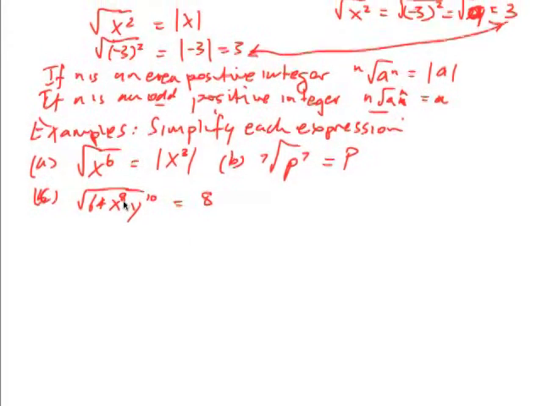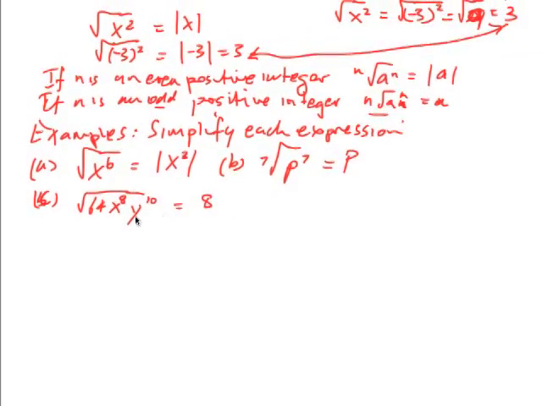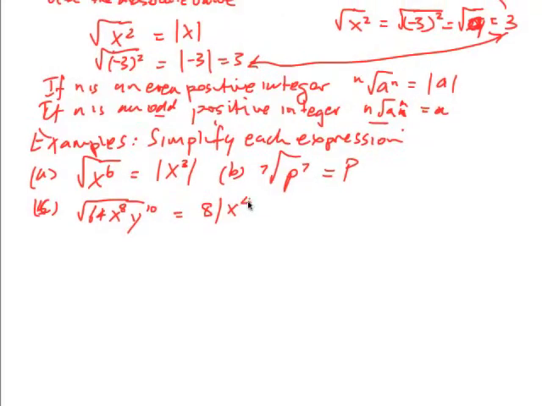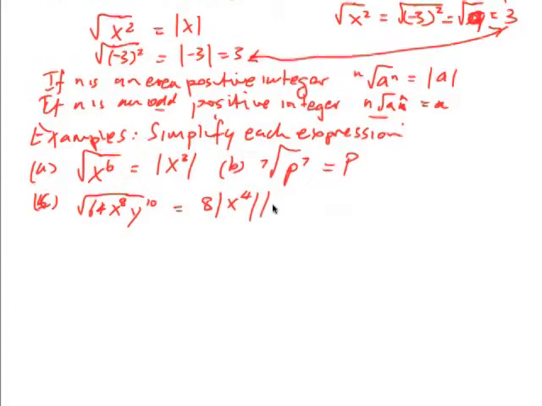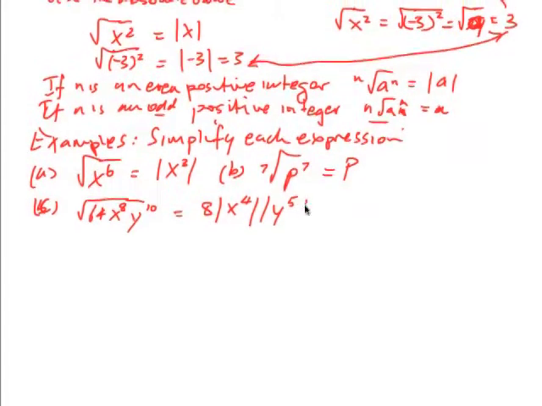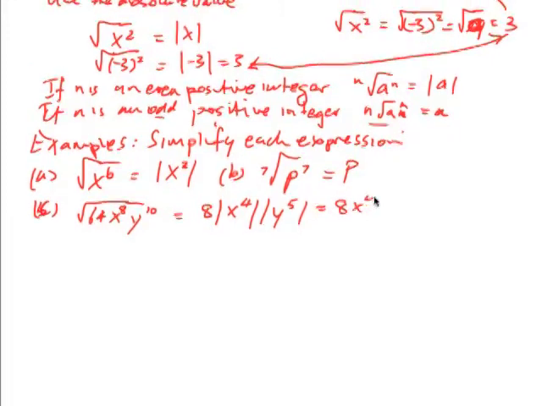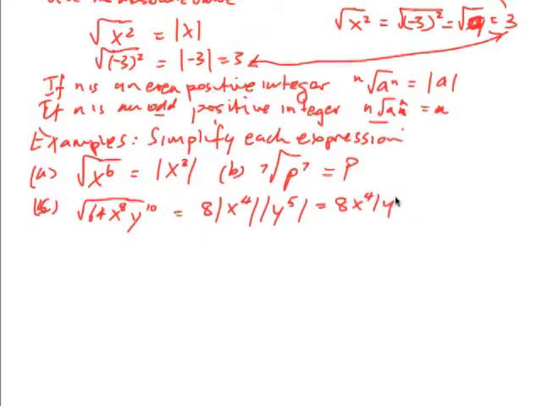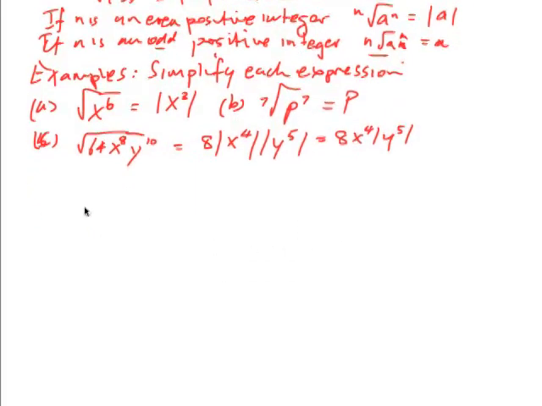Now, we have an even index and even exponents, so this will be the absolute value of x to the 4, and the absolute value of y to the 5. Of course, x to the 4 can only be positive, and so that will be my result.